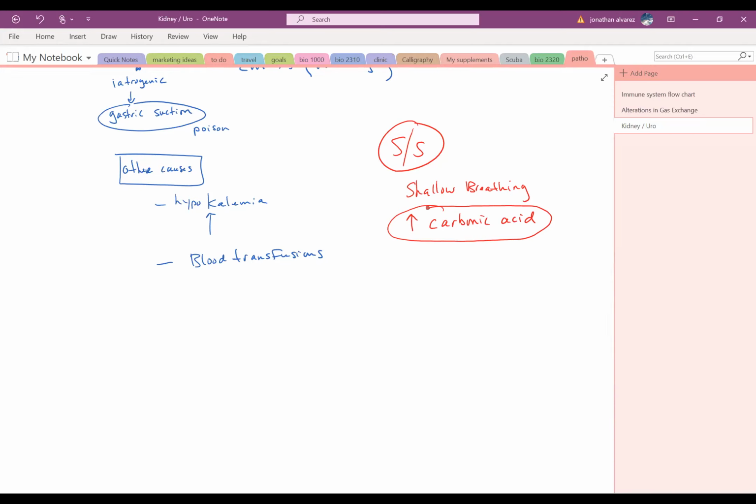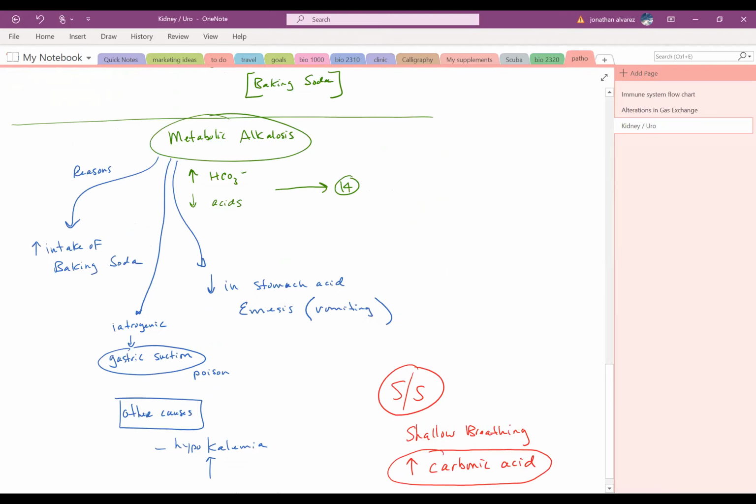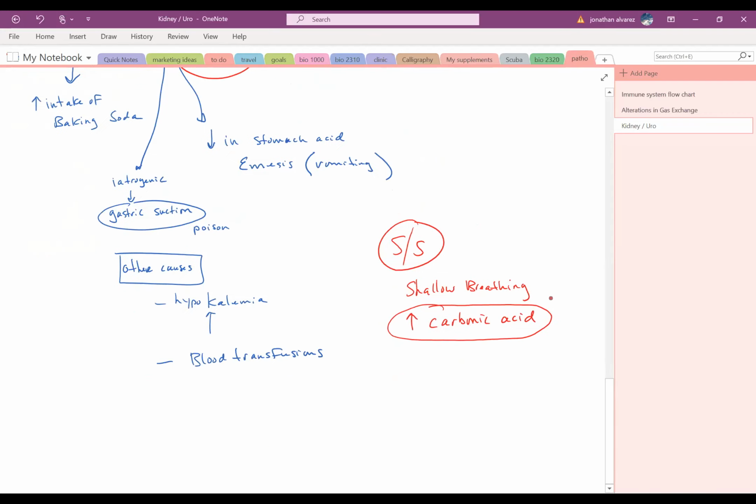Okay, so they'll have an increase in carbonic acid because that's what they're trying to do, right? So if you do shallow breathing, you're trying to change this by creating more carbonic acids.